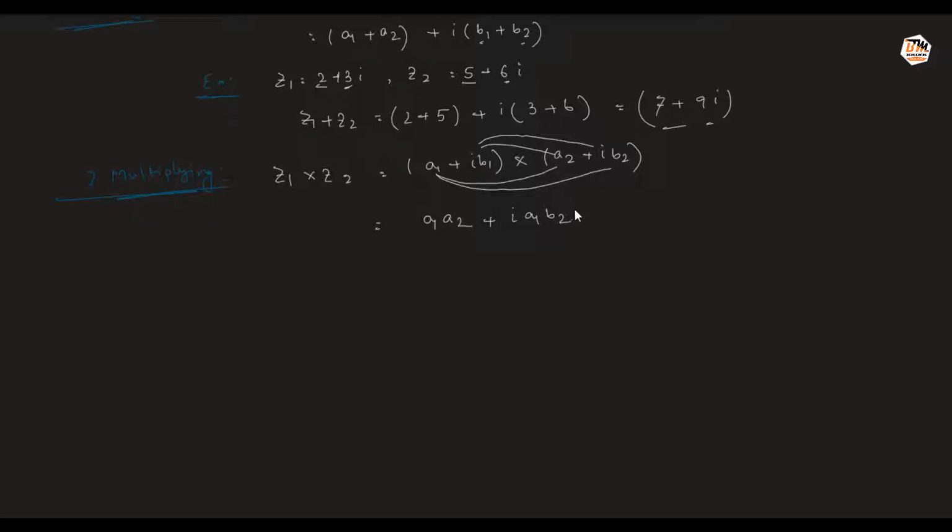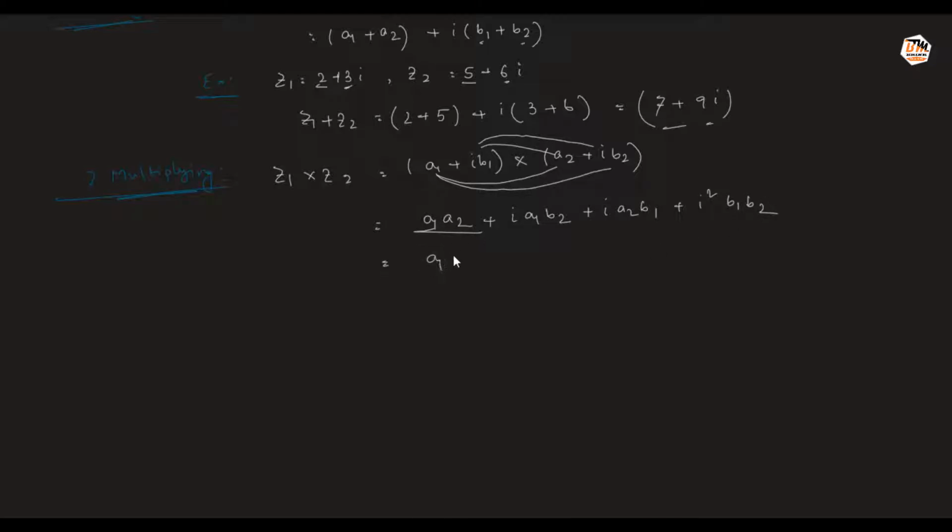Now i b1 into a2, so plus i of a2 b1, and i b1 into i b2, so plus i square b1 b2.